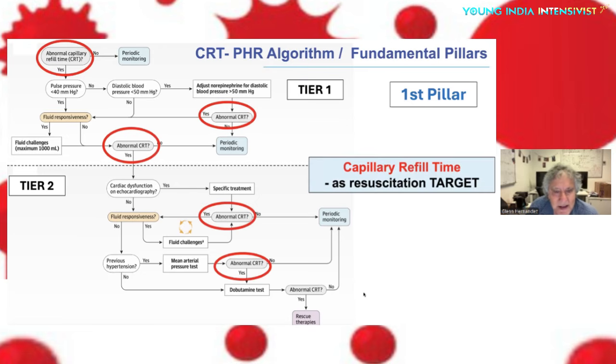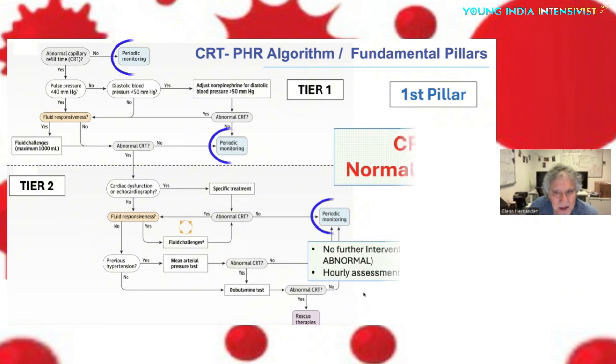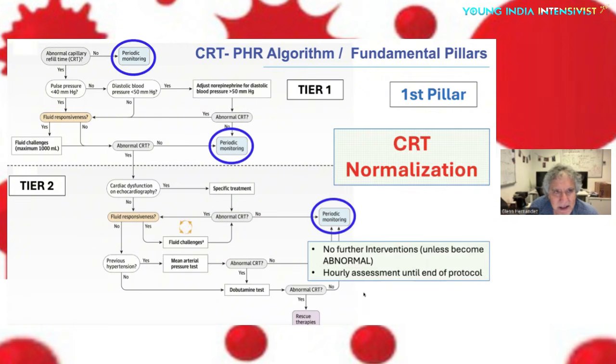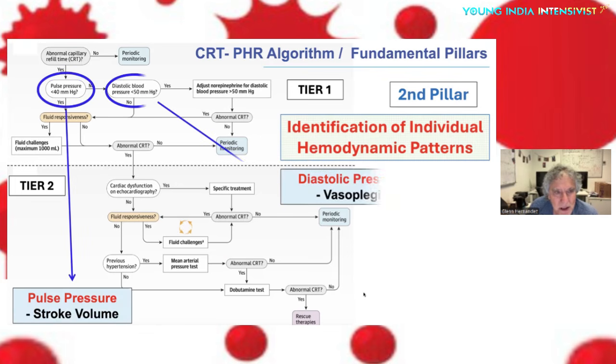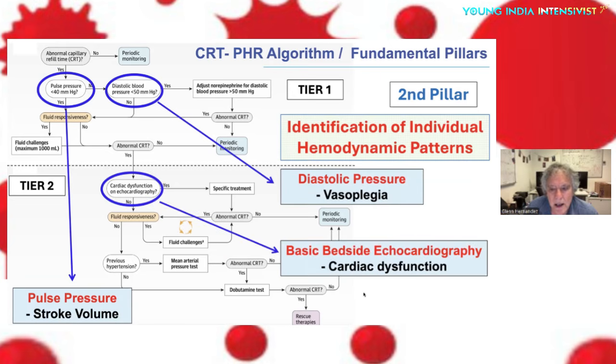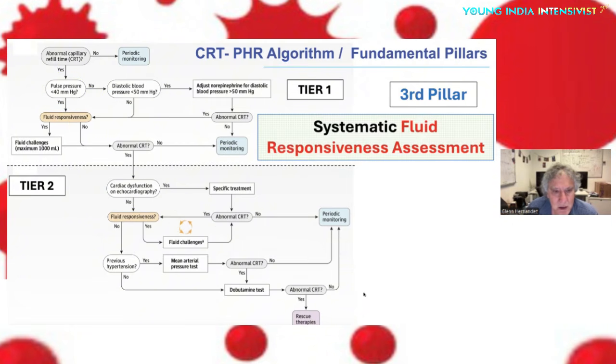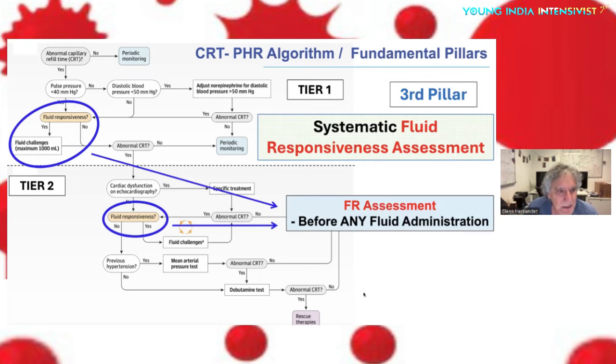You see, with iterative assessment in different parts of the algorithm, if the CRT is normal at baseline, you do no further intervention. You identify individual hemodynamic patterns here, the pulse pressure representing stroke volume and the diastolic pressure representing vasoplegia, and you act accordingly. And bedside echocardiography if it doesn't respond.